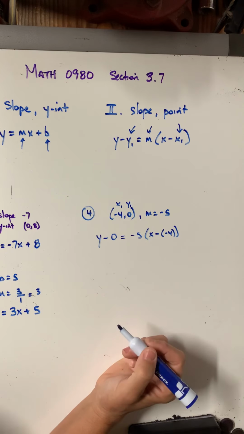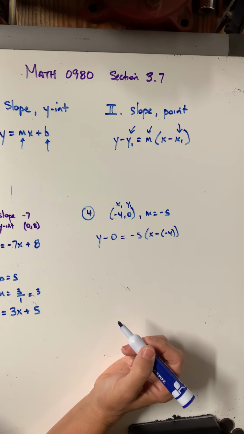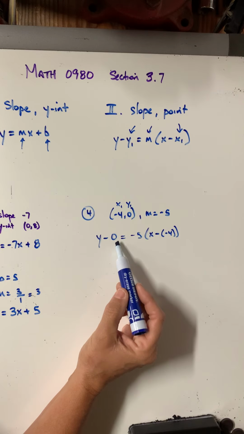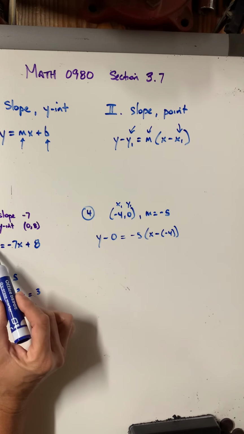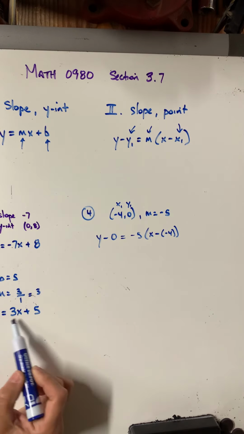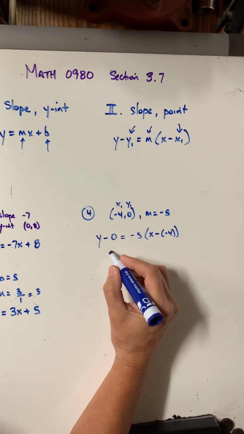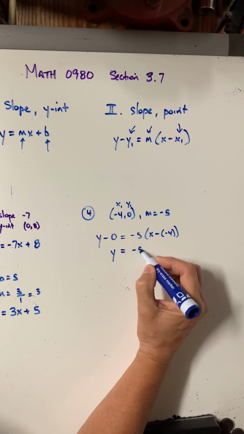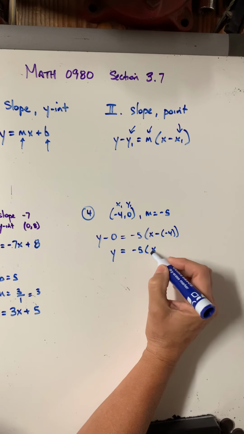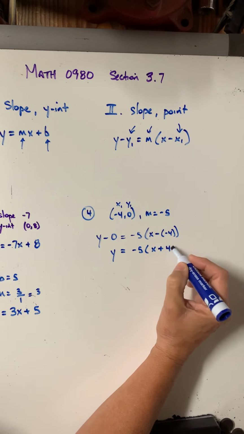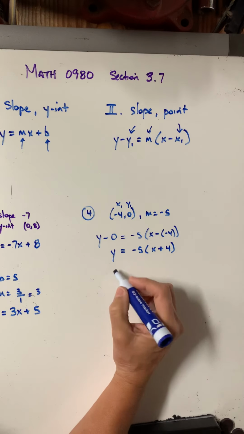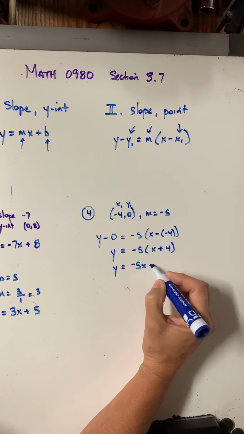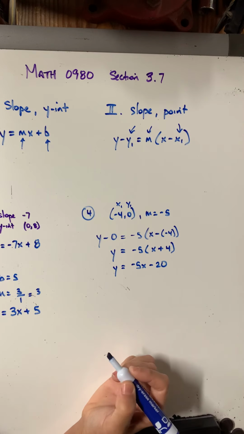And then what we're going to do is simplify this, and ultimately you want y all by itself on one side of the equal sign, just like this was and this was. So y minus 0 is y, so that's not too bad. Inside here, I can change this to x plus 4, because a minus next to a minus is a positive. And then I can distribute. So negative 5x minus 20, and that's my answer.